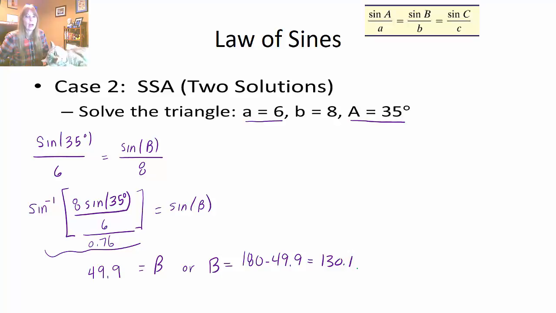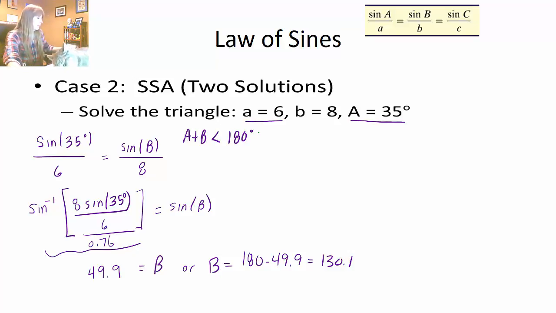Because I don't really know, do I have a full triangle? And if not, then I just have those two angles. So what I always have to check is that my A plus B is less than 180 degrees. And you're going to see from the picture what's going on here.